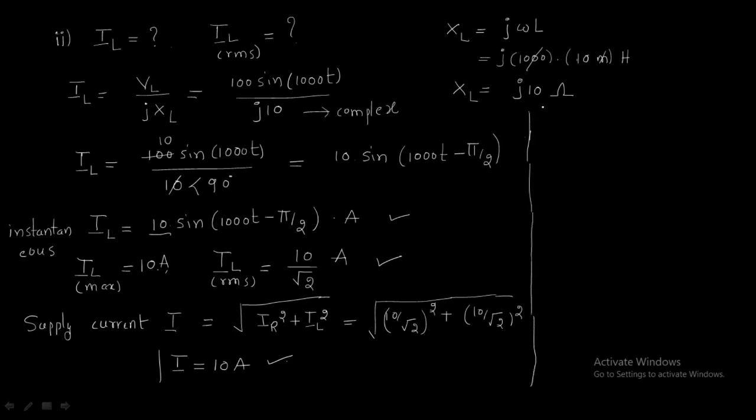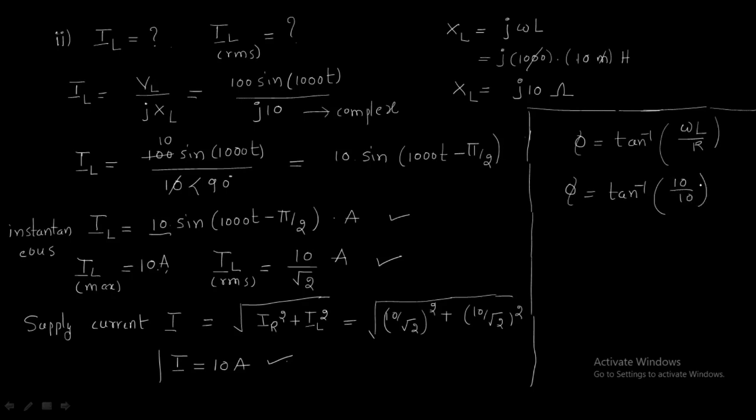In a series RL circuit, the power factor angle phi equals tan inverse of omega L by R. Omega L value is 10 and R value is 10, both are cancelled. Power factor angle equals tan inverse of 1, which is pi by 4.